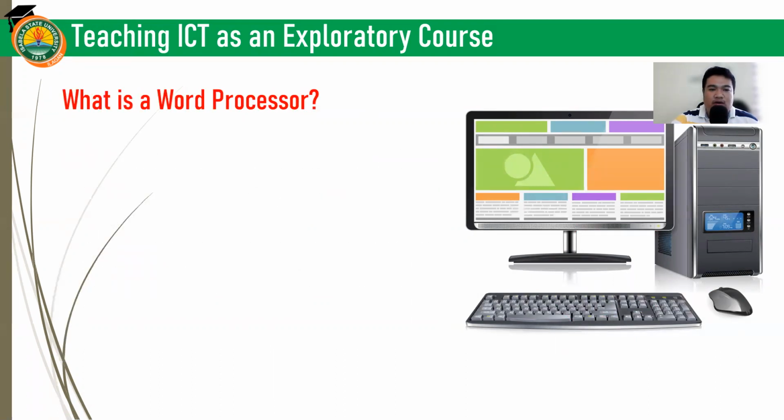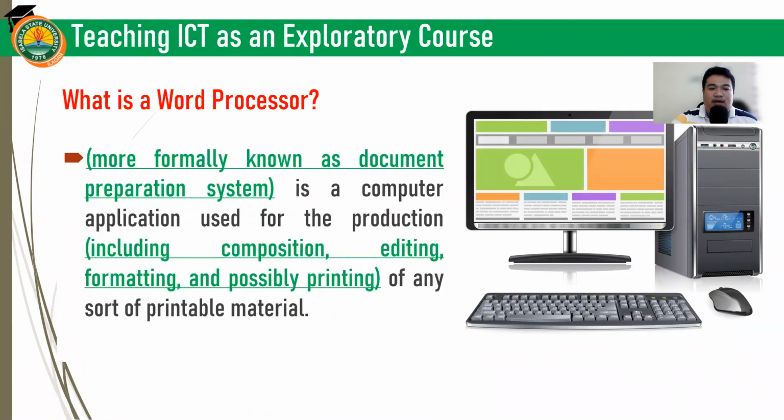And when we say a word processor, it is more formally known as a document preparation system. It is a computer application used for the production of any sort of printable material, including composition, editing, formatting, and possibly printing.